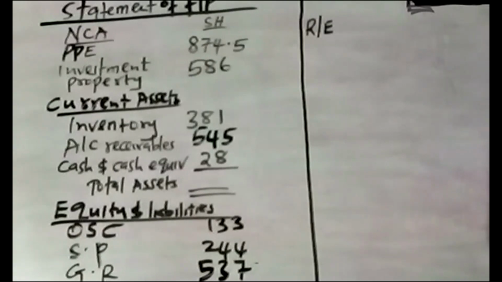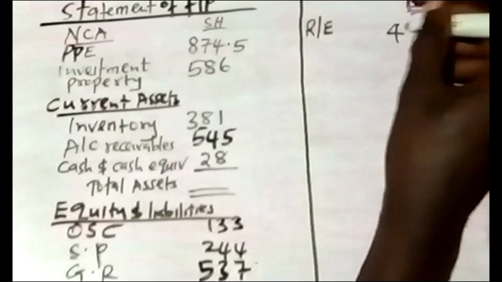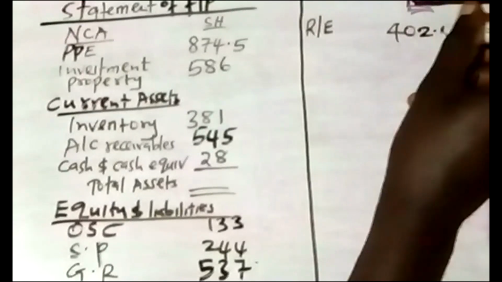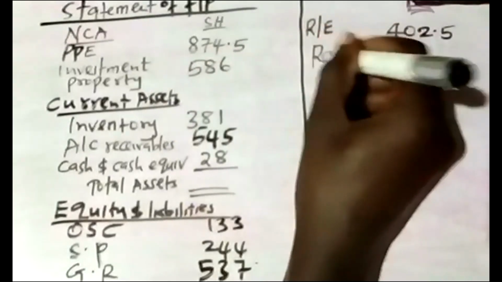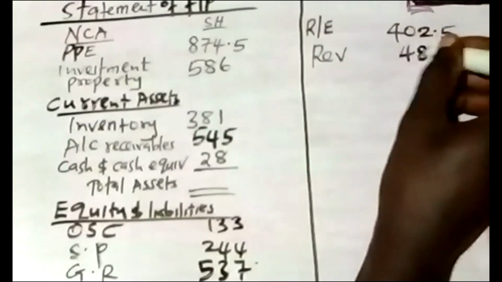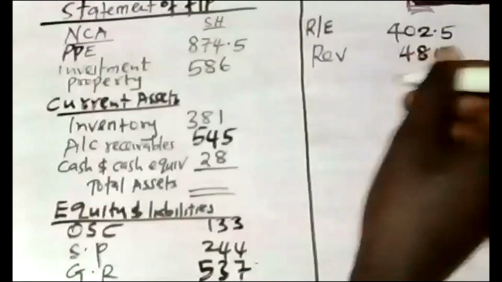Those figures, I don't have them here. Retained earnings is 42.5. I think revaluation was 484.44. So up to that point, that is okay.